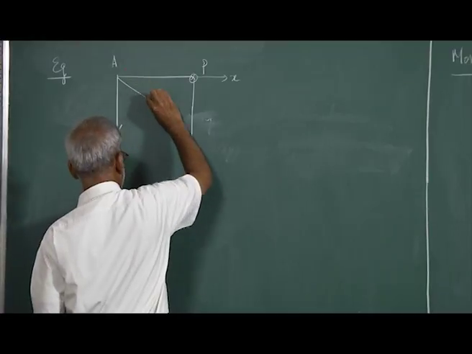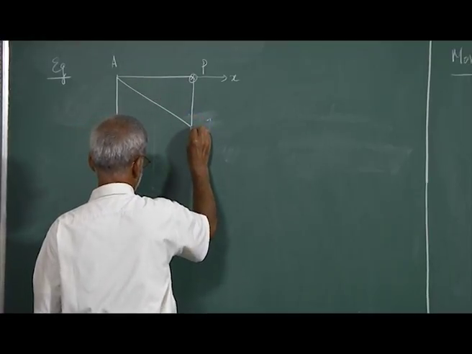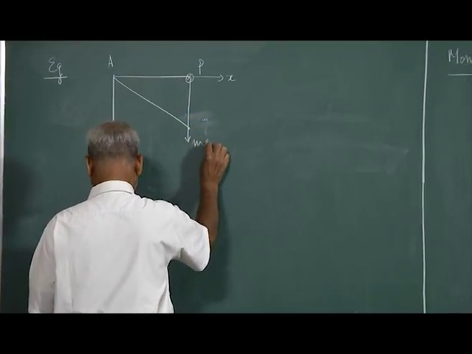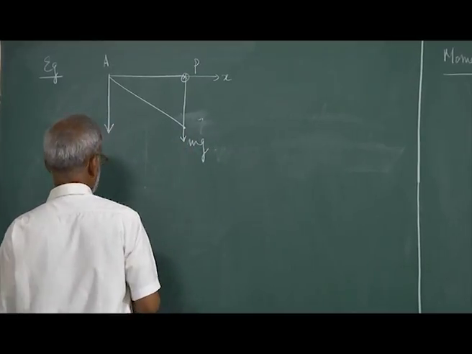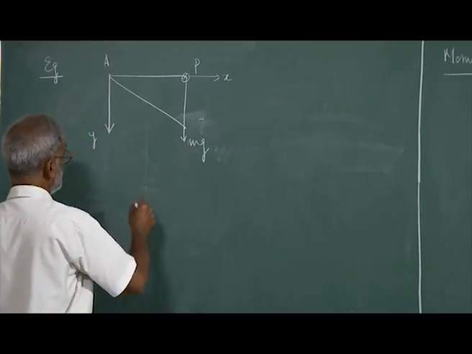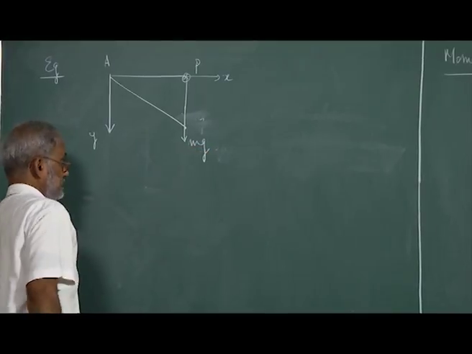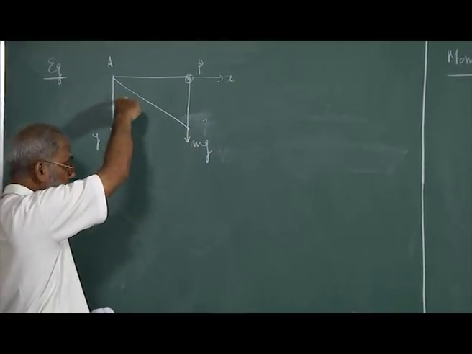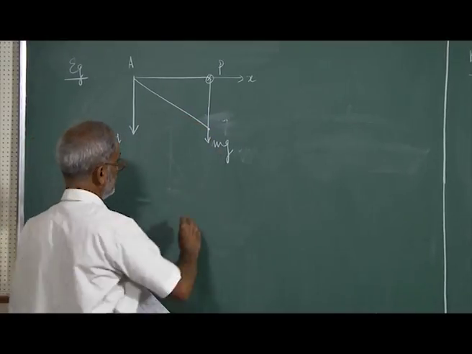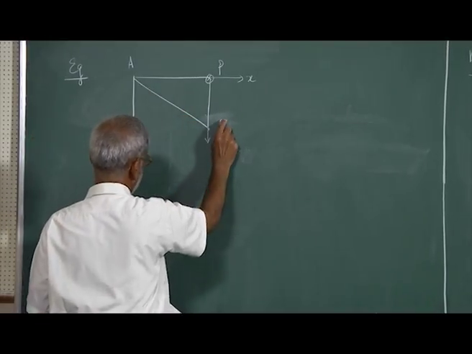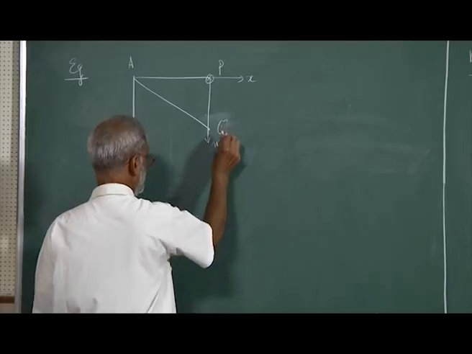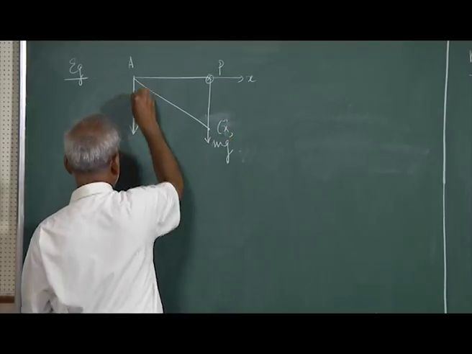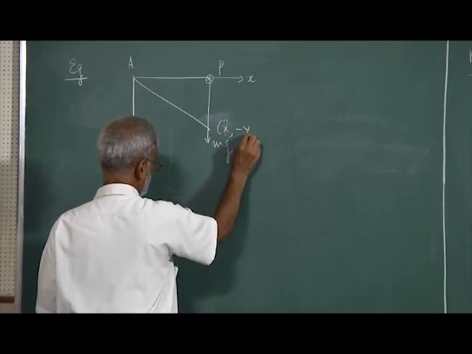I will take a point here, this is mg. I want to calculate the torque on this particular particle with respect to A due to the gravitational force. Now this is a quadrant, so here I will have this as x, and this is the y axis below, therefore minus y. I will say a typical point.